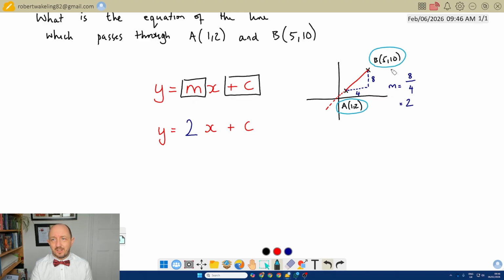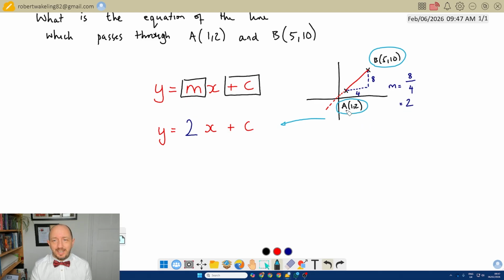Sometimes there's only one to choose from, but in this case we have 2. If you have a coordinate that the line goes through, we can substitute the x and the y into this equation. That's very important. If you want to find the y-intercept, substitute one of the coordinates.